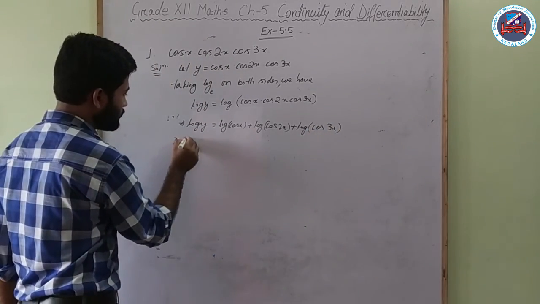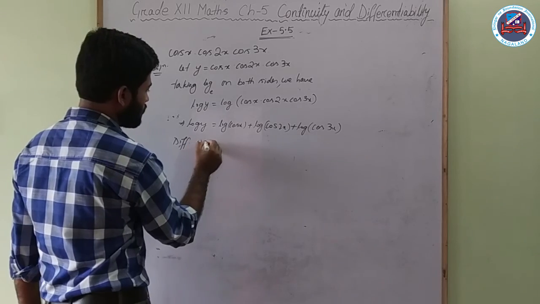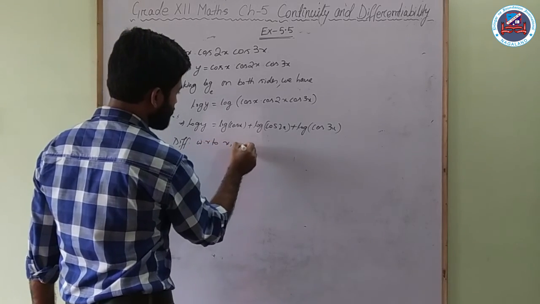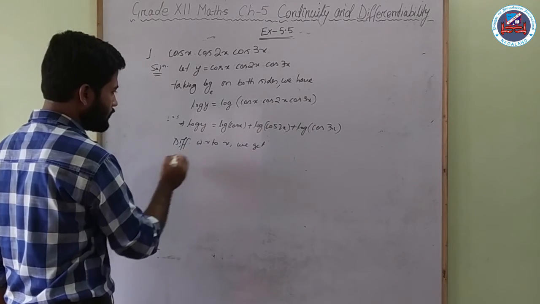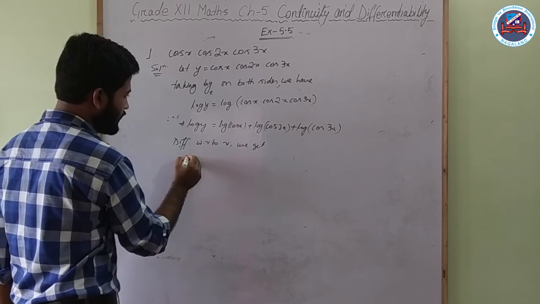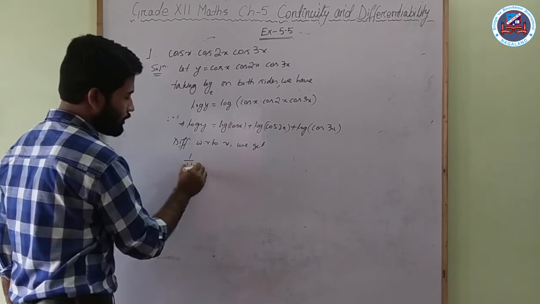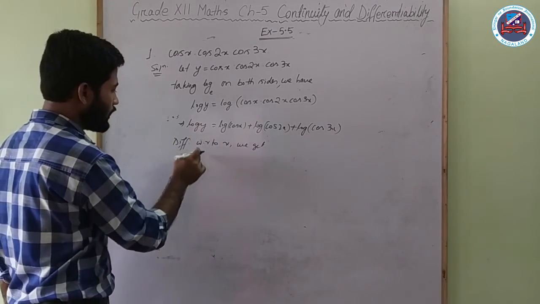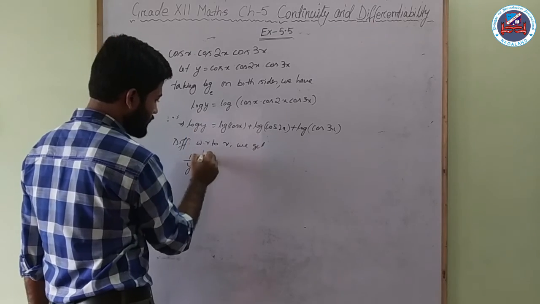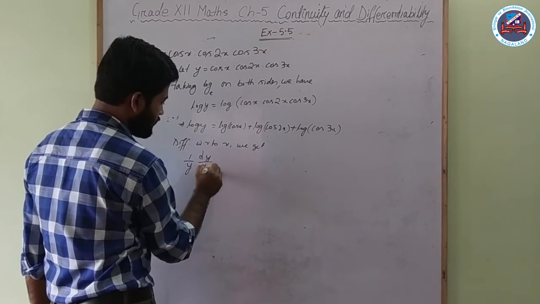Differentiating with respect to x, we get, if we differentiate this with respect to x now, this will be 1 by y, because d/dx of log x is 1 by x. So here we have log y, 1 by y, but y is not x, isn't it? So we need to write dy by dx.